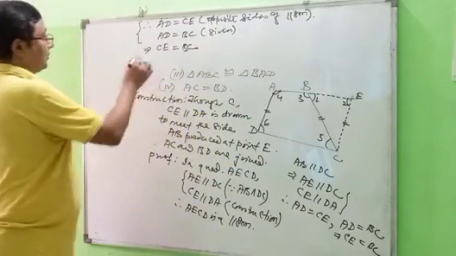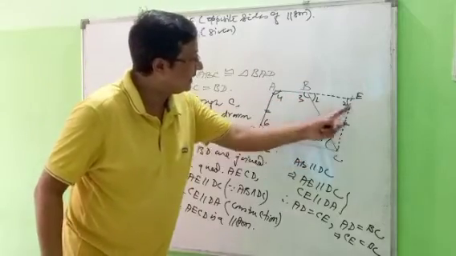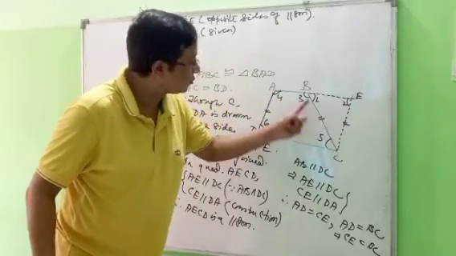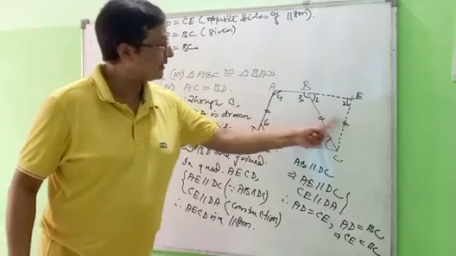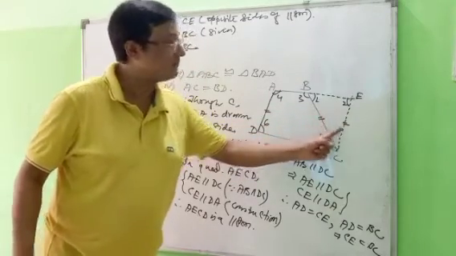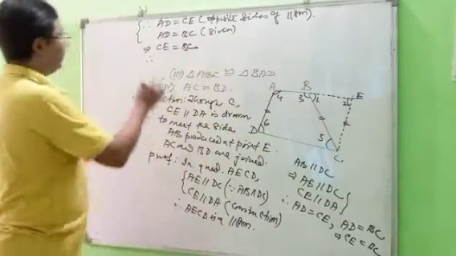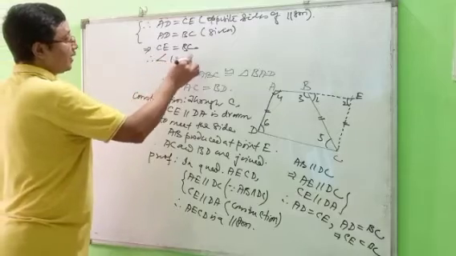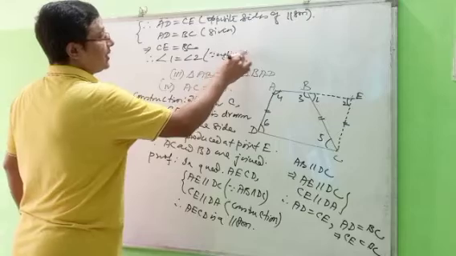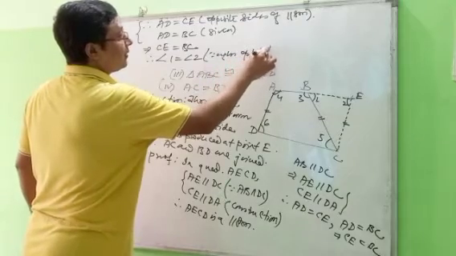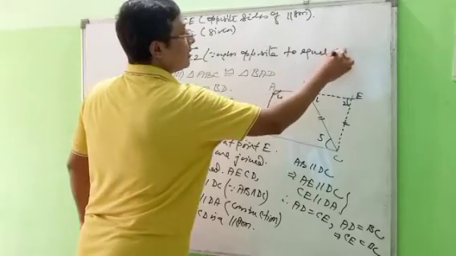Since in triangle BCE you got CE equals CB, their opposite angles are also equal. So angle 1 is equal to angle 2, since angles opposite to equal sides are equal.